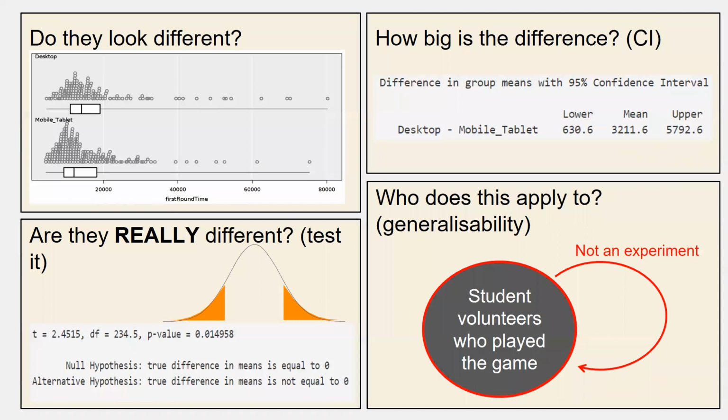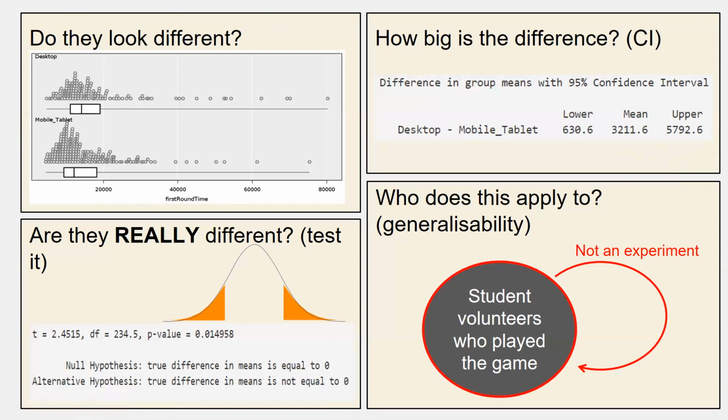Right. Hypothesis test. The difference here, I've written we don't have an experiment. And the reason we don't have an experiment is, even though it was an experiment for the last one, the condition that I'm looking at here, device type, was not randomly allocated. You chose to use a laptop or desktop or a mobile or a tablet. So this is no longer causal. I also don't have a random sample, so I can't generalize this to anyone other than the students who played the game.